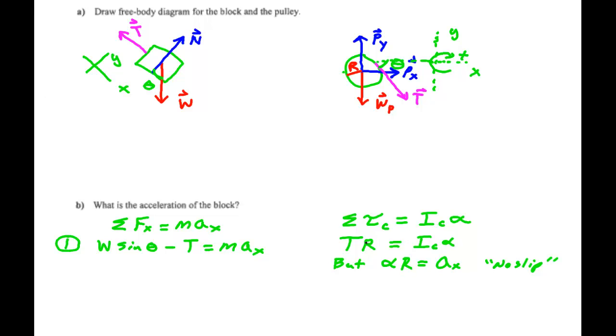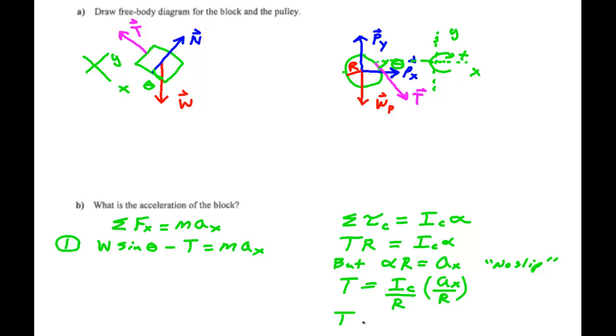I'll multiply both sides of this equation by r, and then put in A sub x, or if you prefer, you can simply substitute in for alpha. I'll substitute in for alpha. So if I do this, I get T equals I_C A_x over R, and then I'm going to divide by another R to get the R from this side to that side.